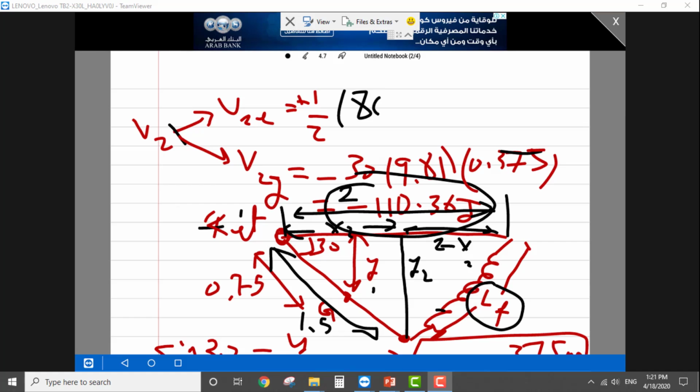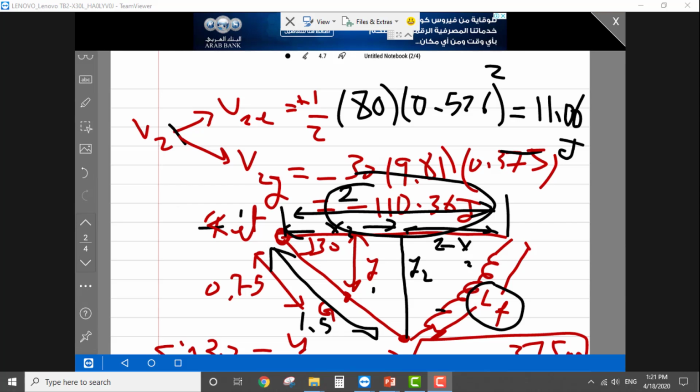Here 80 multiplied by S2, which is 0.526 meters squared. Using the calculator, this squared multiplied by 40, I'll get 11.06 joule. Okay, let me move to a new page.